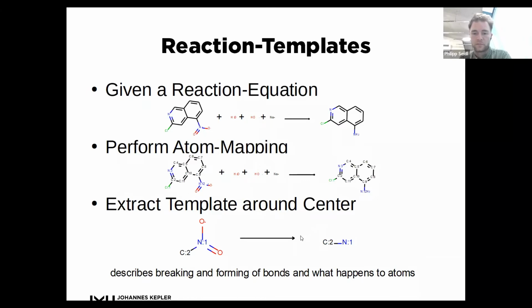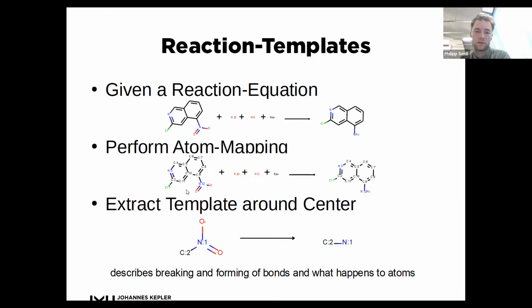So from this example at the top, we would extract a template around the reaction center. And there is also a hyperparameter, which is how far of the reaction center do we want to go? What's the radius around the reaction center? And usually people take a radius of 1, so around 1 reaction center. If you extend the radius, you get much more precise templates, but they are not so general anymore.